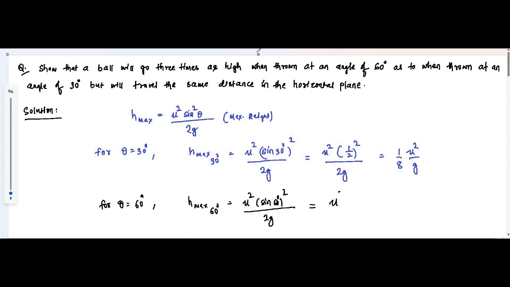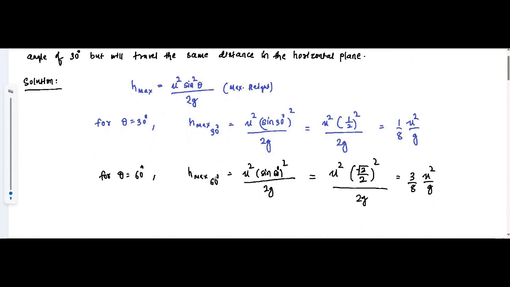So here we have u square, sine 60 degrees is root 3 by 2, whole square, by 2g, which is equal to 3 by 8 u square by g. So here if you see, Hmax for theta equal to 60 degree, we can write it as 3 into 1 by 8 u square by g.